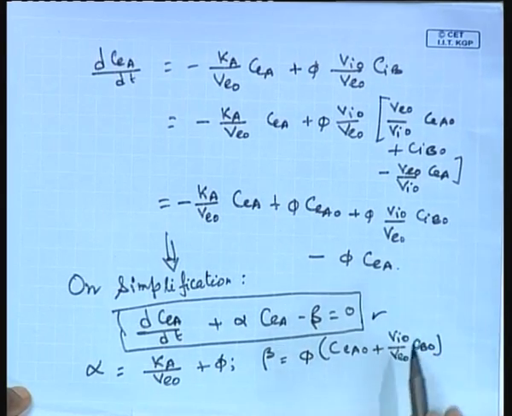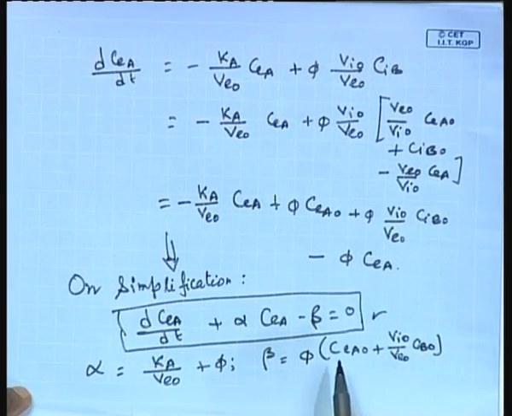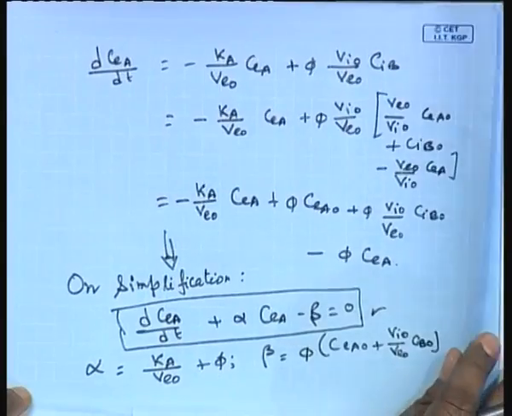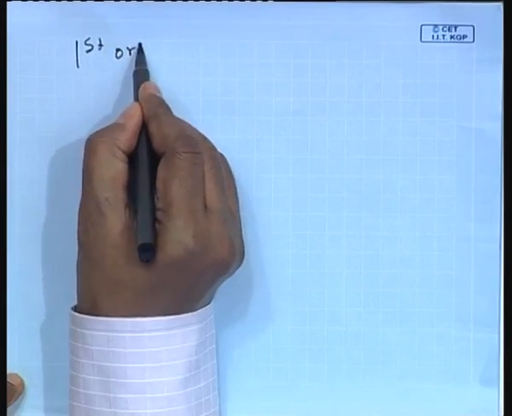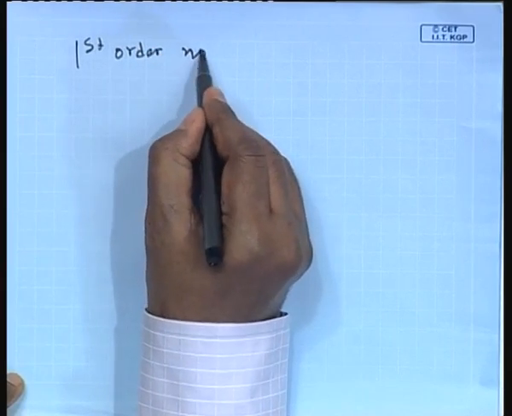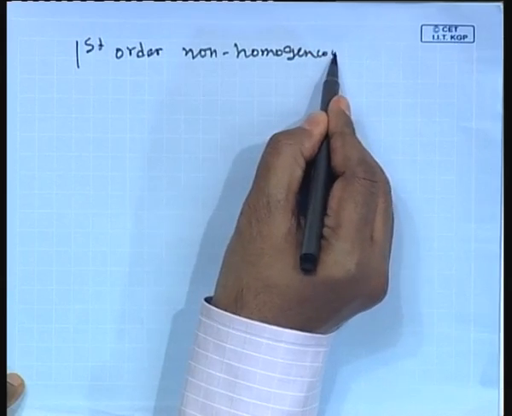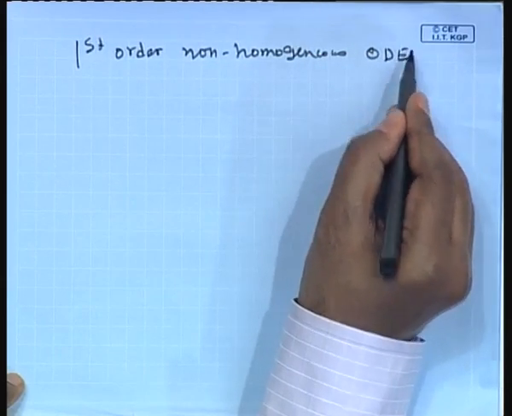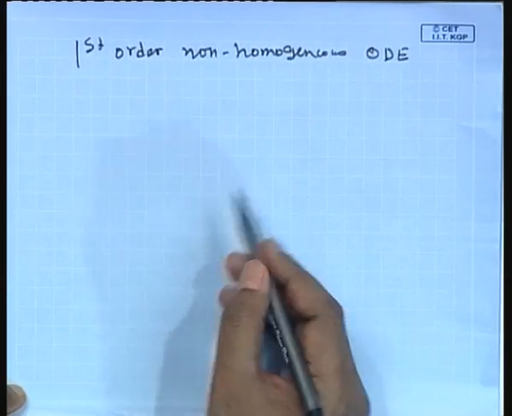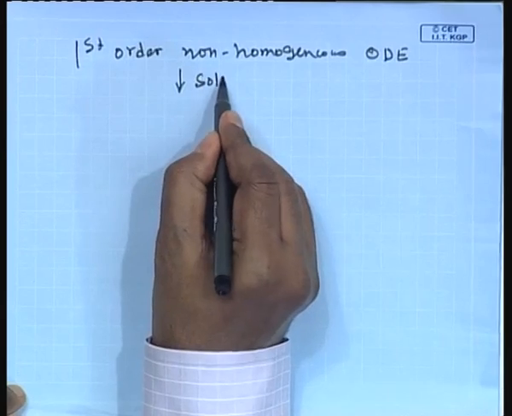Now, what is this equation? Is this a homogeneous or non-homogeneous equation? This is a non-homogeneous ordinary differential equation of order 1. Okay. So, first order non-homogeneous ordinary differential equation, and its solution will be constituted of two parts.